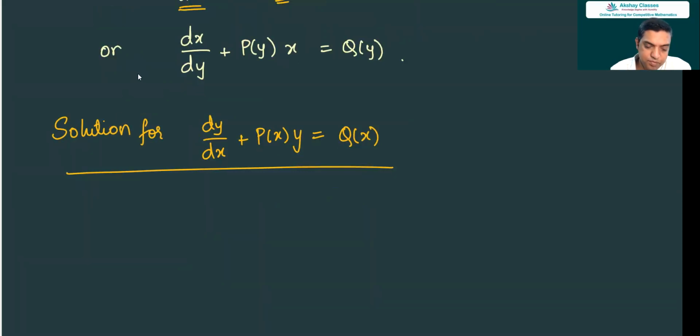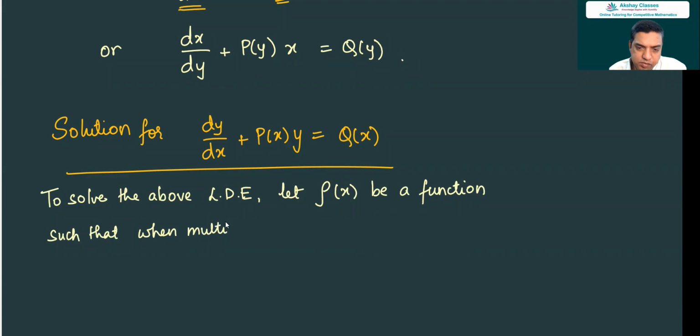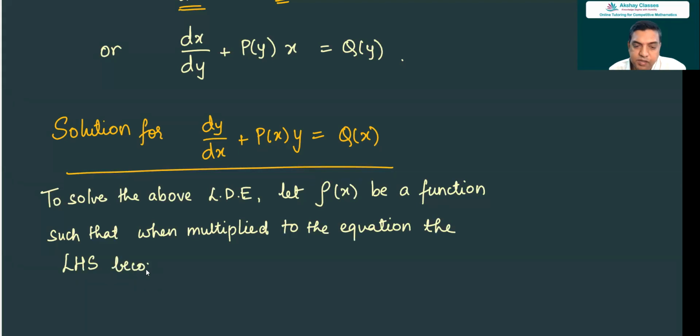So see this, the method to solve the above: let rho of x be a function such that when multiplied to the equation, the left hand side, LHS, becomes the derivative of rho of x comma y.